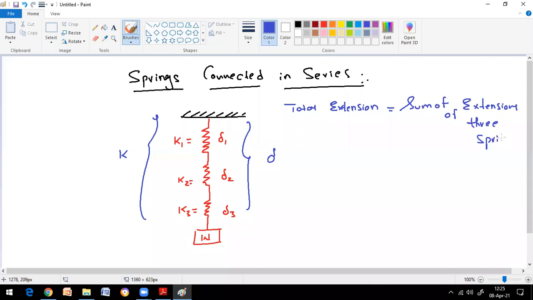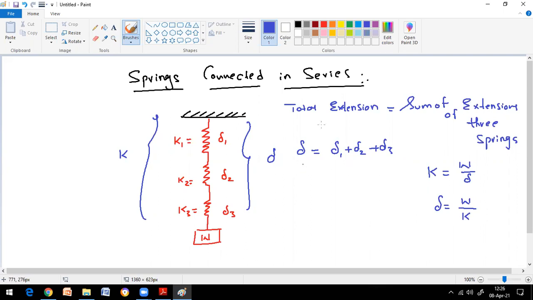There are three springs, each having different deflections. So total deflection will be deflection of the first spring plus deflection of the second spring plus deflection of the third spring. We know the formula: stiffness is represented as load per unit displacement, right? So deflection can be written as load by stiffness.